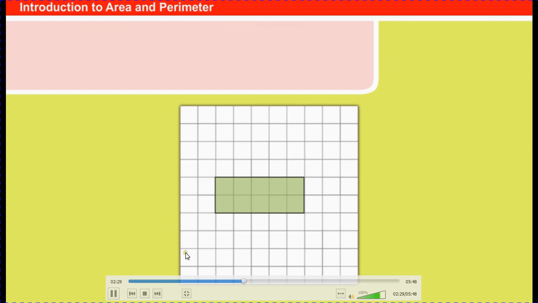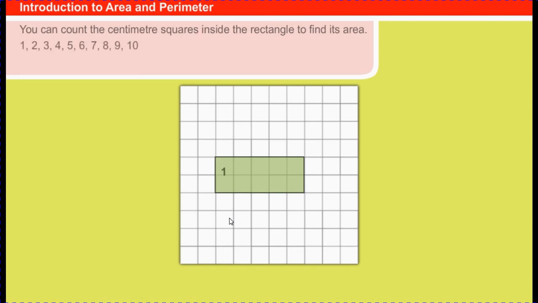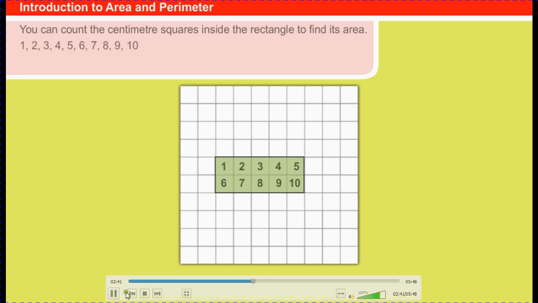Yes, now let's count how many squares are inside this rectangle to find the area. Yes, 1, 2, 3, 4, 5, 6, 7, 8, 9, 10. Then this rectangle has 10 centimeters squared.